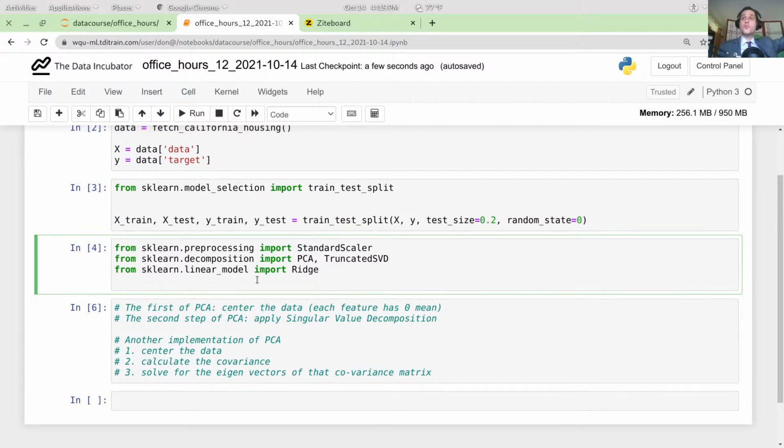PCA, a way to reduce dimensions of my data. What's happening, the actual algorithm implemented by scikit-learn, is you center the data, zero mean for each feature, and you apply singular value decomposition.